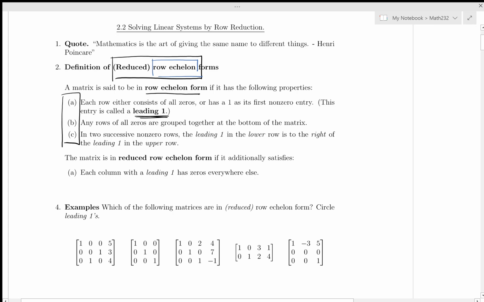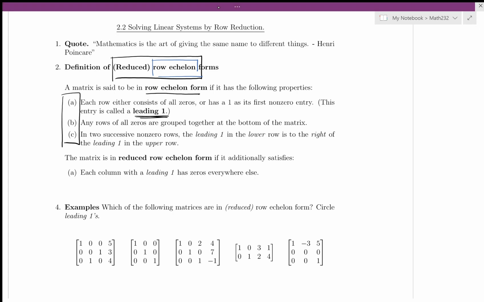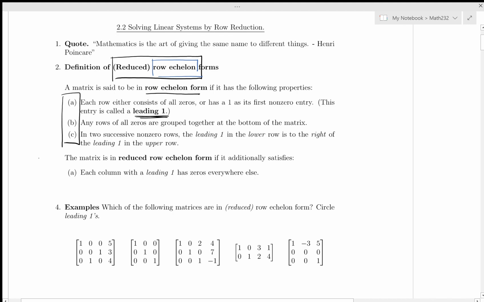If additionally the matrix satisfies one more property, then it will be in reduced row echelon form. That extra constraint is that each column with a leading one has zeros everywhere else.